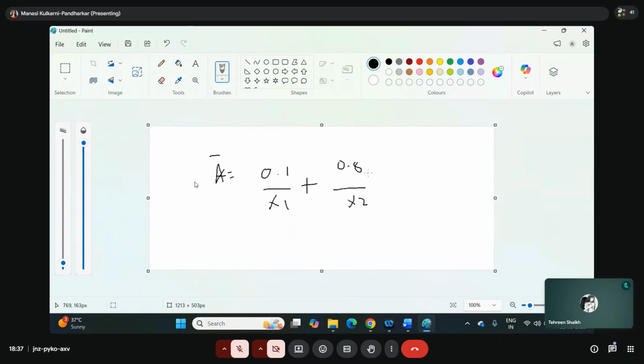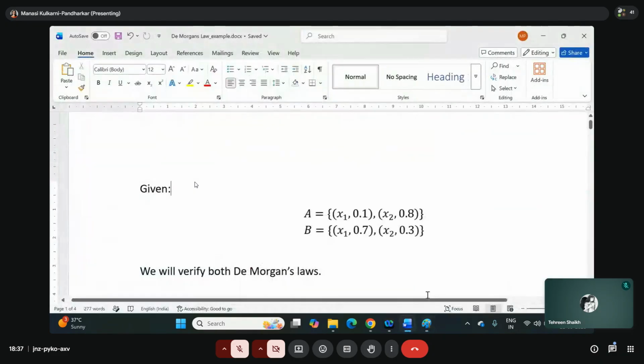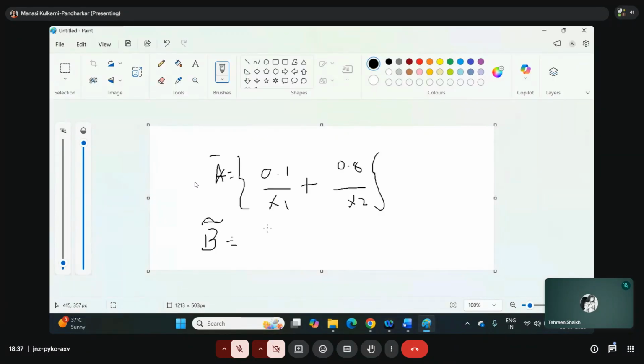This is your fuzzy set A. Are you getting my point, all of you? And then this is your fuzzy set B. What is the fuzzy set B that has been given? It is 0.7 and 0.3. So 0.7 x1 plus 0.3 into the x2. Are you getting my point, all of you?